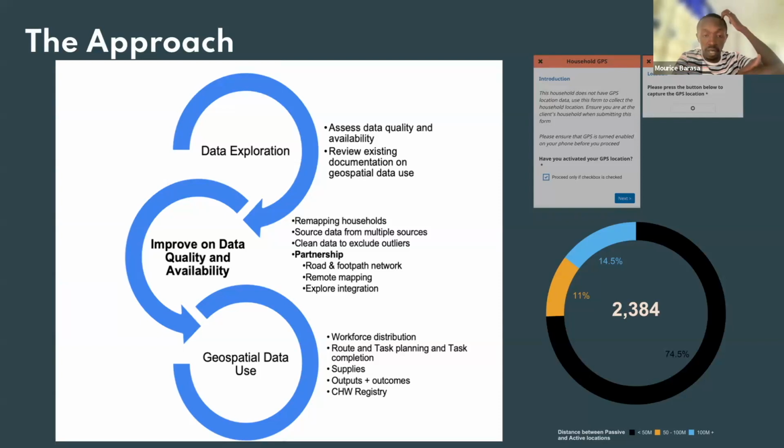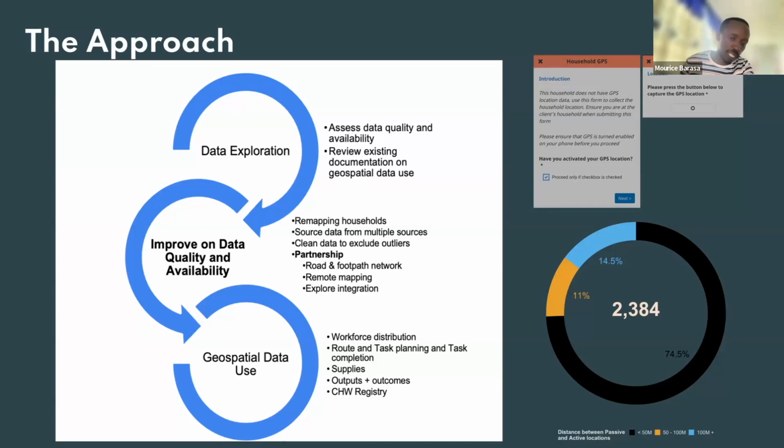After assessing the quality of the data, we embarked on trying to remap households, and then with that, sourcing data from other sources that we could compare to see how the different sources of data compare, and then cleaning data, and also exploring partnerships that could help us improve the quality and completeness of the data.